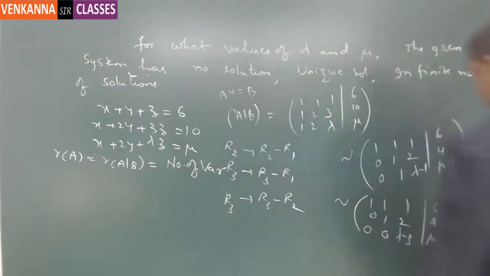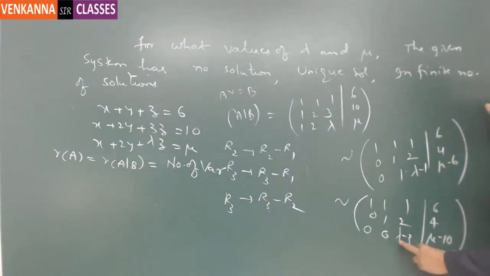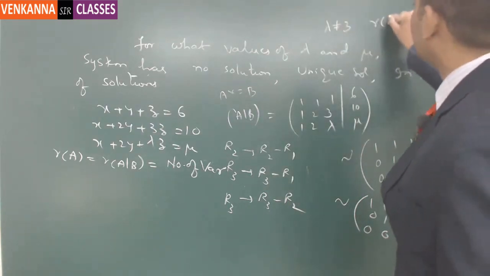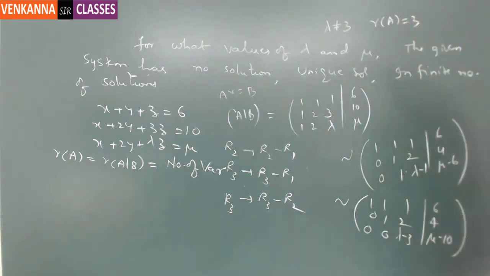Now what happens if lambda is any number except 3? Then this will be non-zero. So if lambda is not equal to 3, then rank of A is equal to 3. You forget about this portion. Whatever number you substitute here, you may get 0 or non-zero, that doesn't matter. Since you have a non-zero entry, rank of A|B is nothing but 3. Accepted?